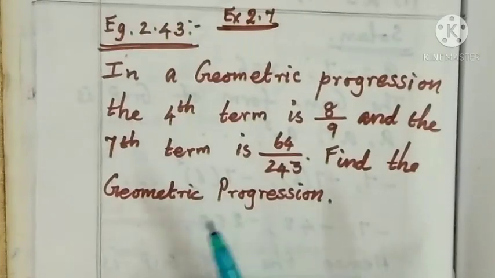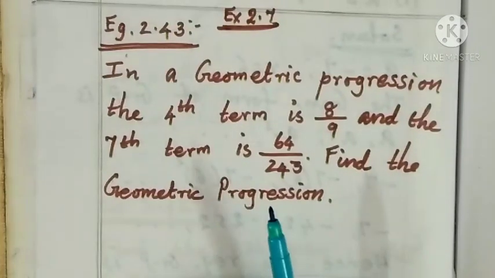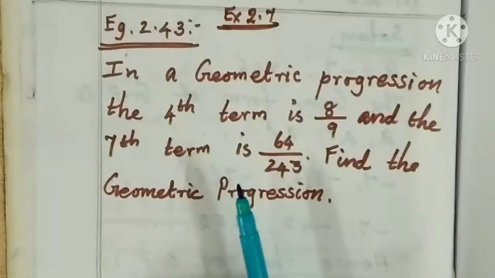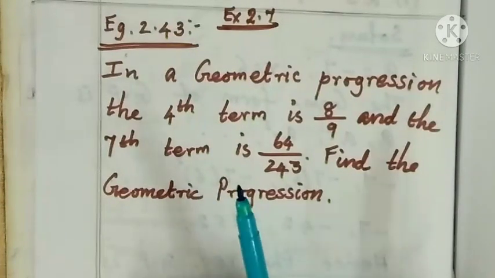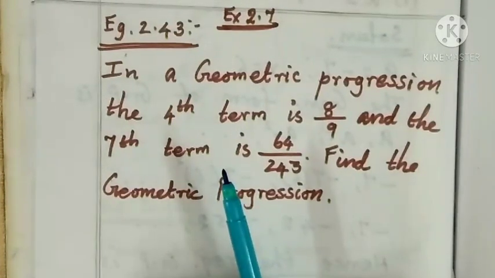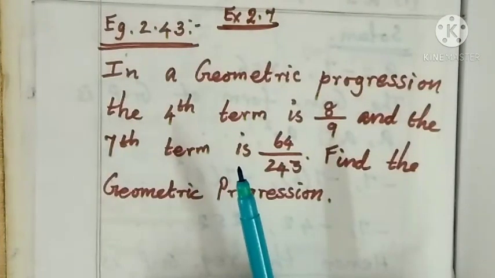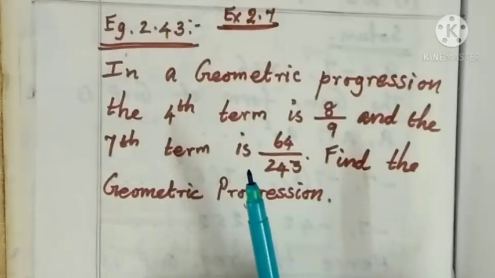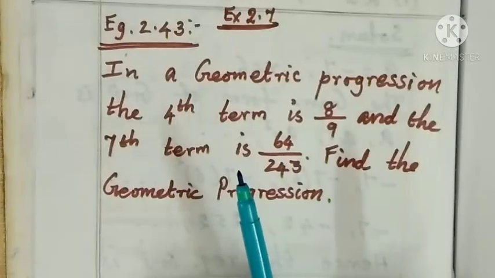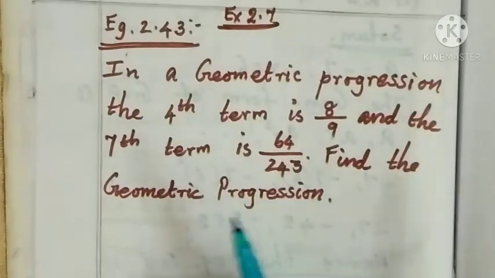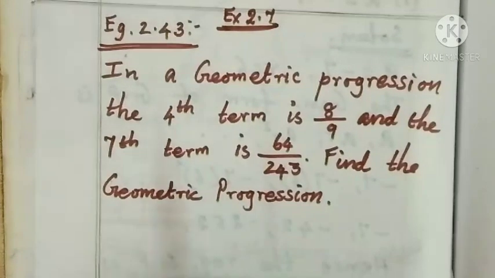We have to find the GP. Means first you have to find the value of A and value of R, that is first term and common ratio. Then you have to apply that value in the general term of GP, means we get the answer. Let us do the solution.